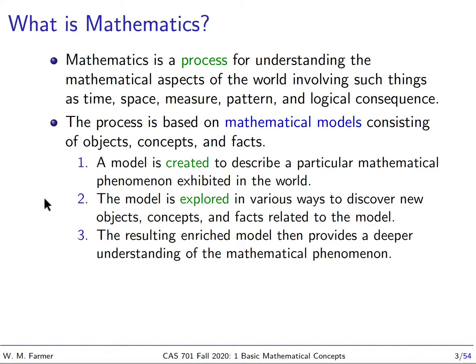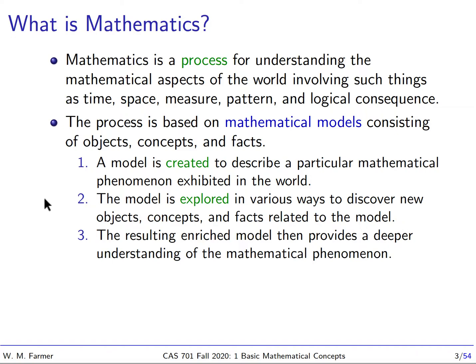So for instance, we could create a model to capture the phenomenon of counting. And in this model, we could have objects, such as the set of the natural numbers. We could have concepts like the successor of a natural number. So the successor of 3 is 4. And we can use this to investigate how counting is done.